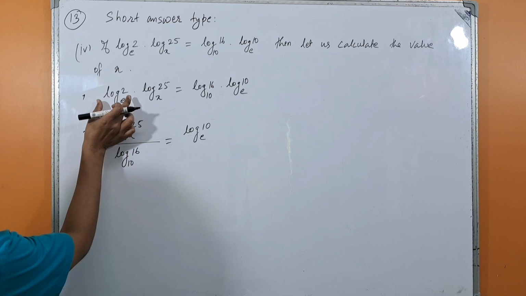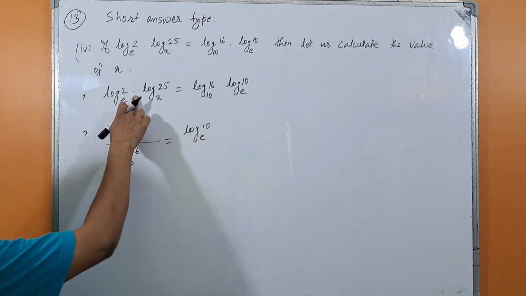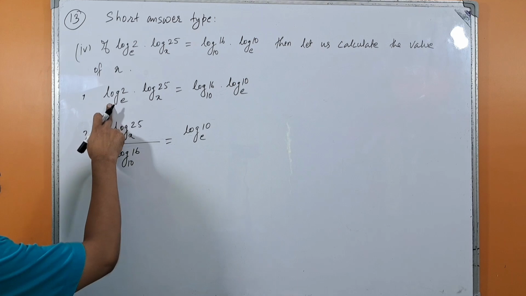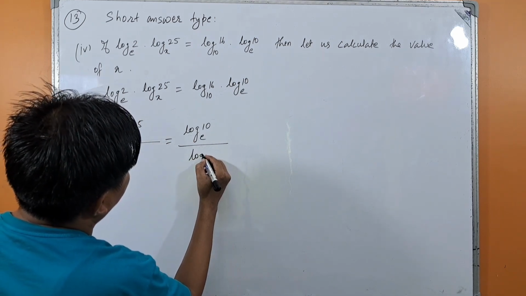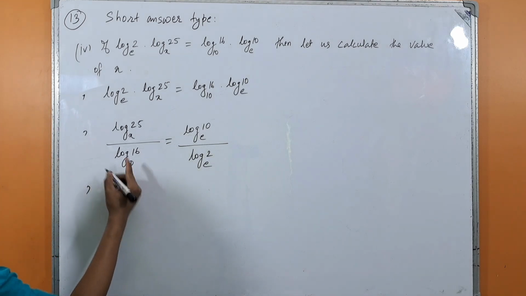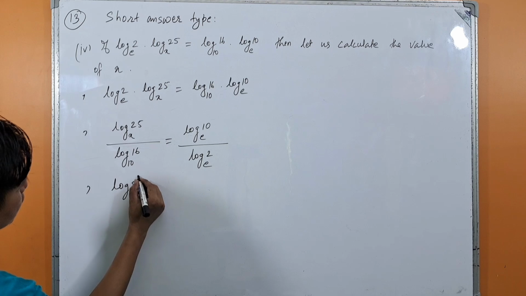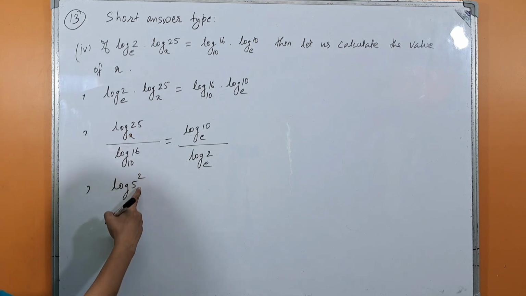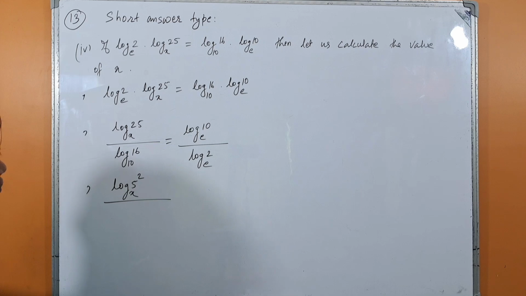Now we take this number log 2 to the base e to the right hand side. Here also we have multiplication sign, so this number goes to the denominator by cross multiplication. Log 2 to the base e, or this 25 we write as log 5 square. Okay, 25 means 5 square, base is x, we write x base.